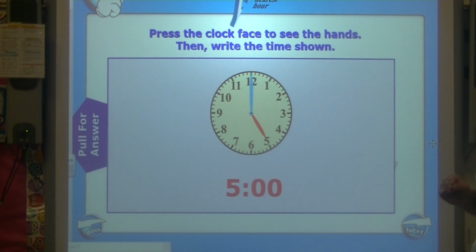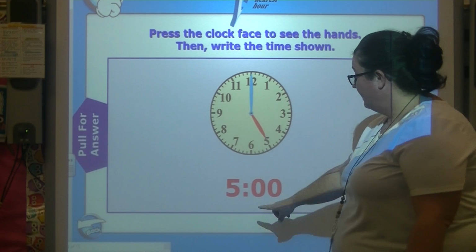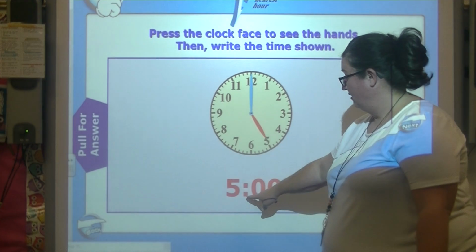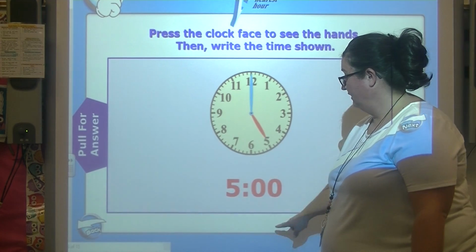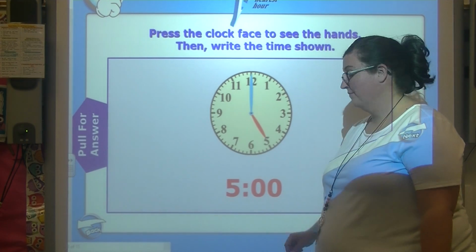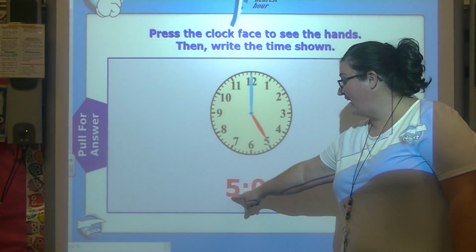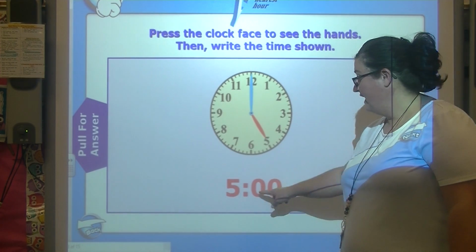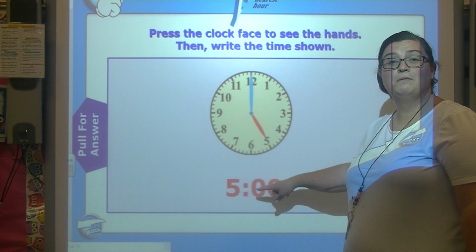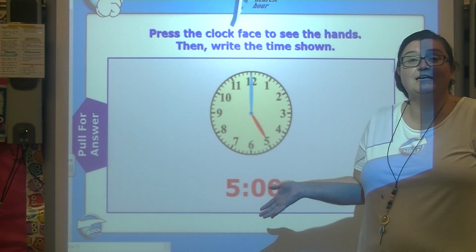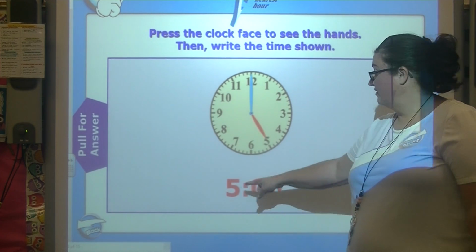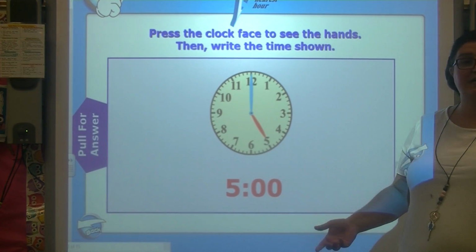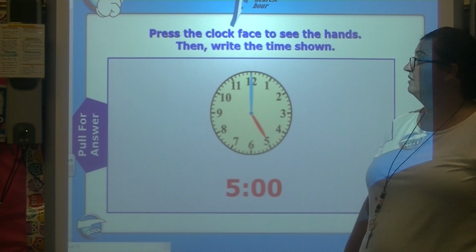All right, a digital time is written hours, colon, minutes. So it is 5 o'clock, 5, and 0 minutes. That means there are no minutes in 5 yet. So 5, 0, 0. That stands for 5 o'clock.